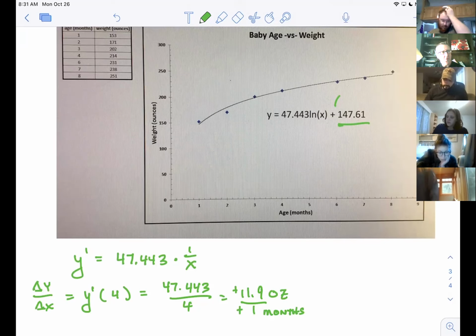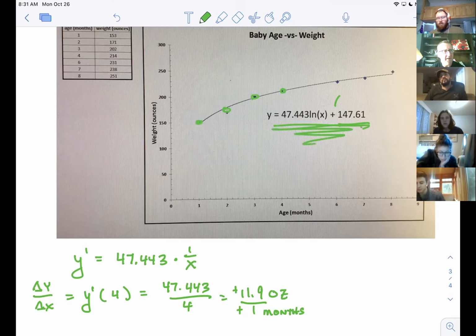If they came in at month 4 and you had charted these first 4 data points and found this equation, again, this to me seems like the kind of stuff that would get you a job. Other people just come in and say, yeah, I like babies. And you say, no, I know how to speak the language of math.